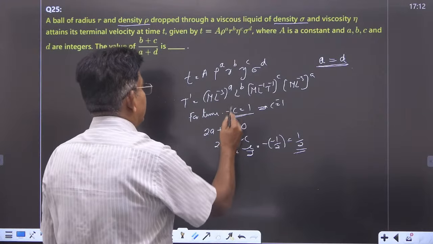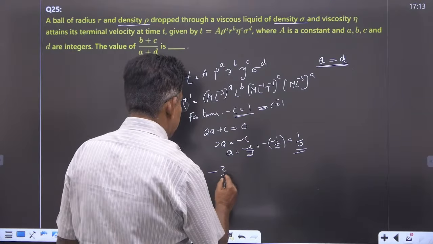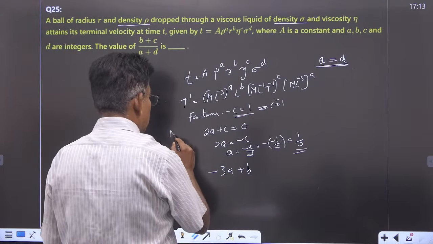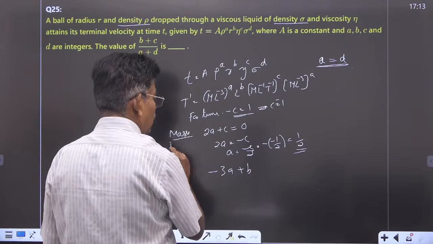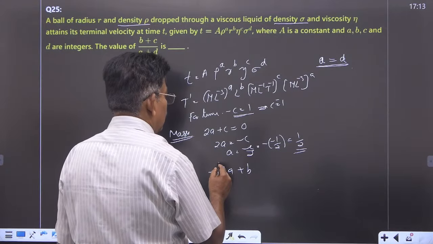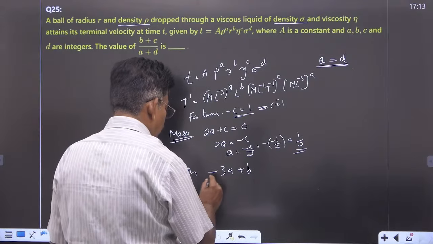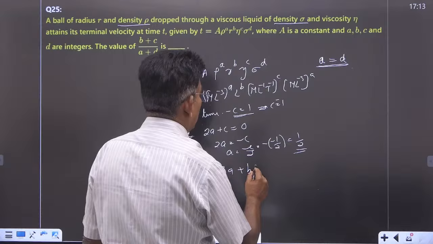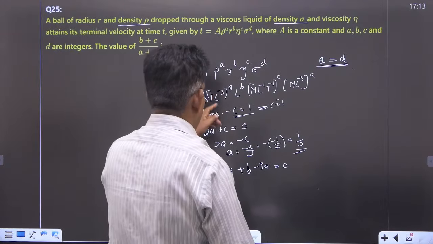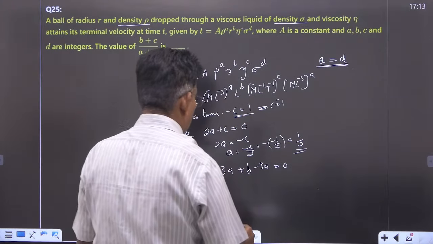Now, for length, power B, I can equate what? That is minus 3A plus B. This is for mass, and this is for length. Minus 3A plus B, then again minus 3A, that comes to be 0. Am I correct? Here minus 3A plus B, C is coming.